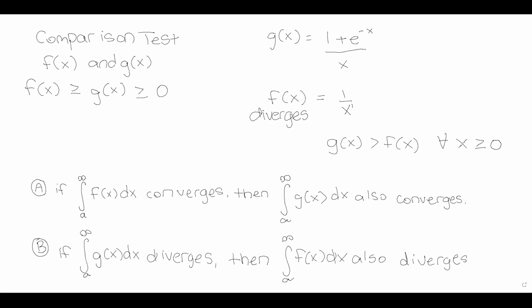It means that we can pick any x value that's greater than 0, and this would be true. This just means for all. This is true for all x that is greater than or equal to 0. So g of x is greater than f of x. So I think we can use part B to determine definitively if g of x converges or if it diverges.